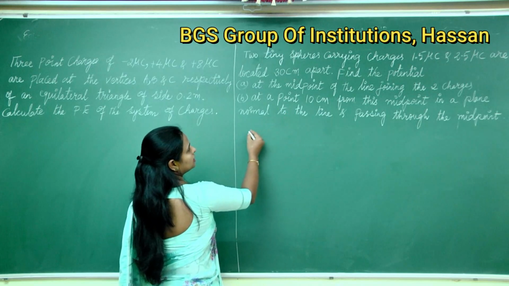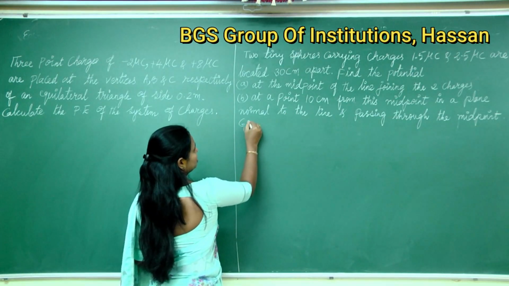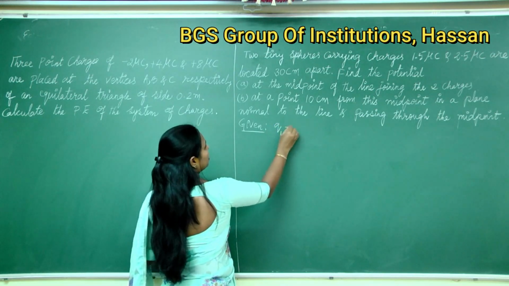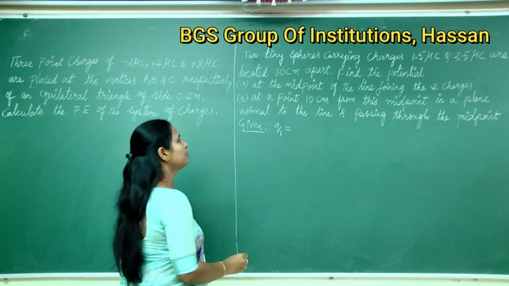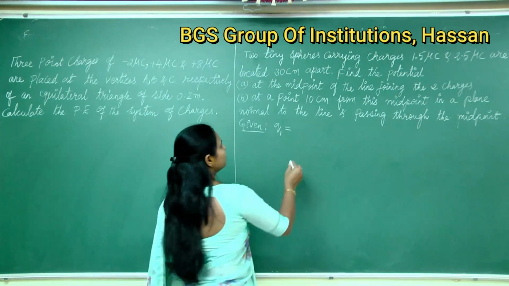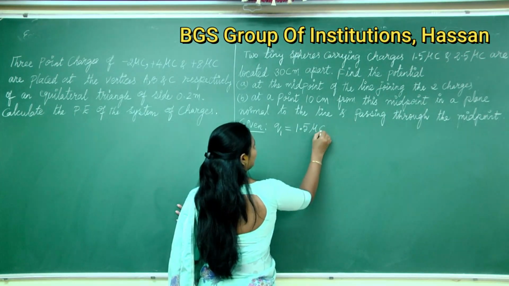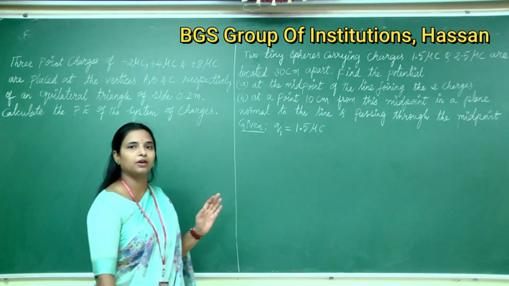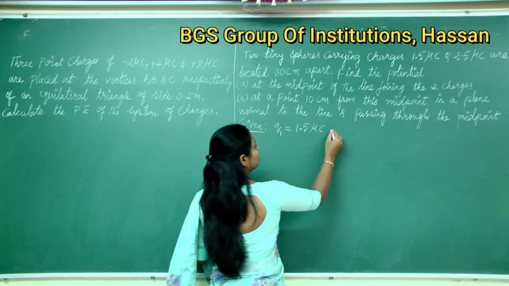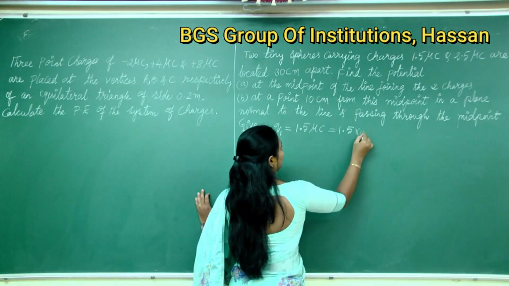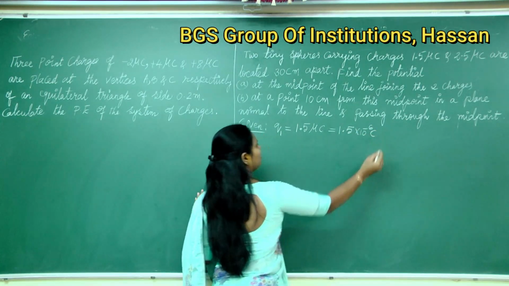Two tiny spheres carrying charges. So charges we will take as Q1 and Q2. What is the value of Q1? Q1 is equal to 1.5 microcoulomb. This micro we have to convert to its value, 10 power minus 6 coulomb.